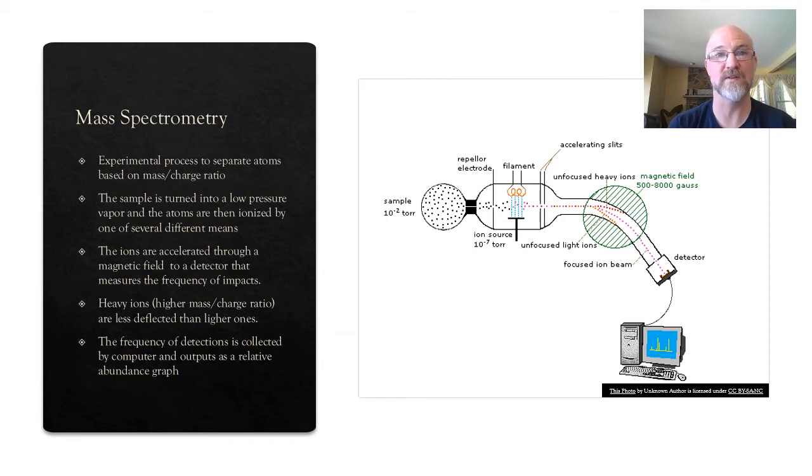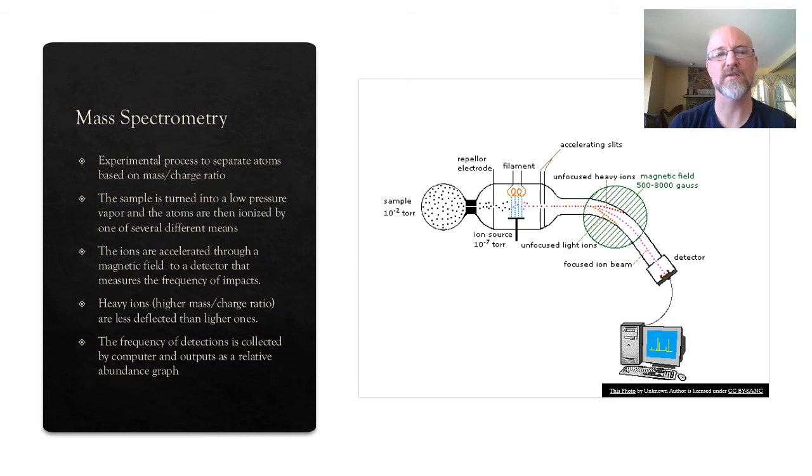So the heavier ones are more massive for the same amount of charge or ionization, and ones that have fewer neutrons would be lighter. And so their path is affected by the magnetic field they're shot through, so that they bend at different rates, and then there's a detector that picks up where the atoms land, and a computer takes all that information and calculates the mass to charge ratio, and therefore the relative mass distribution of all of these results.